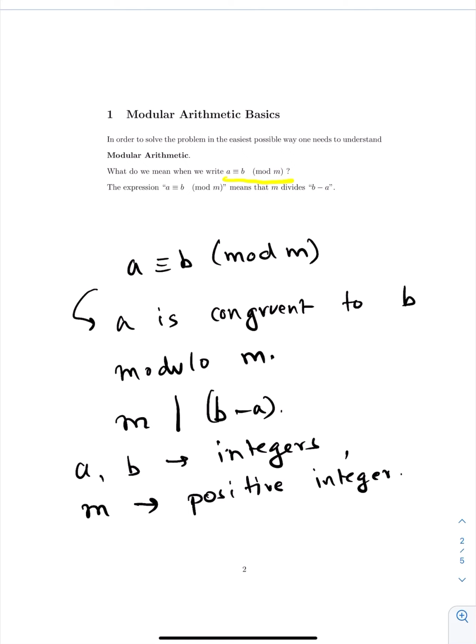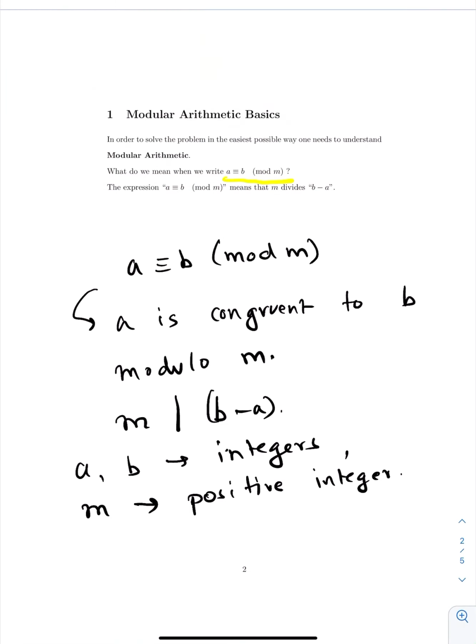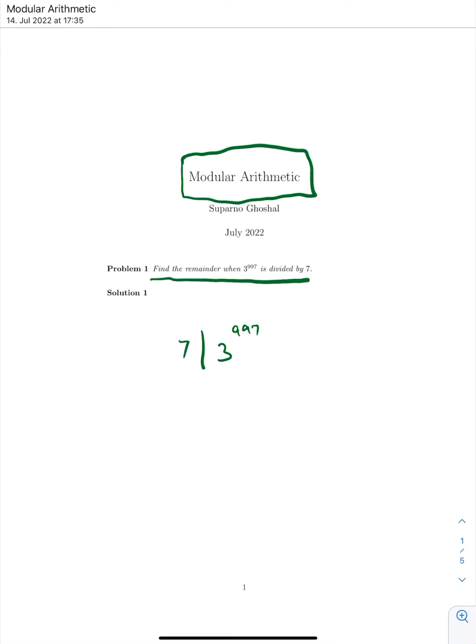This notation is very important, and if you know it and a few basic properties involving it, which we will discuss now, then it's pretty easy to solve problems such as finding the remainder after dividing a very big number by another number.